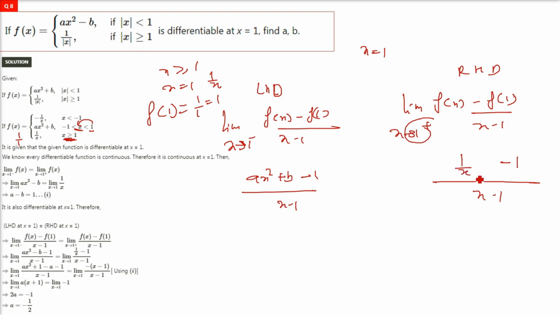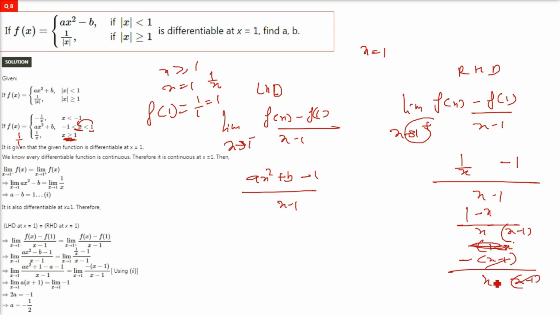This limit x tends to 1 will always be there. I am not writing it, but please remember limit x tends to 1 is already there. Let us solve the right one: (1 minus x by x) divided by x minus 1. You can change the sign, minus (x minus 1) in the numerator, x minus 1 in the denominator, and you have x here.